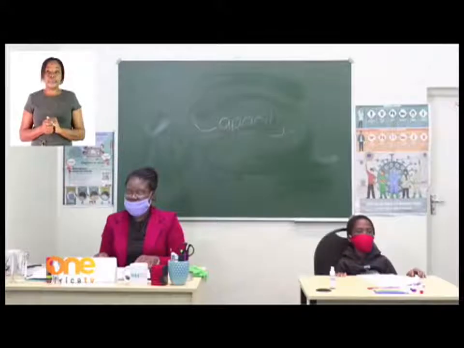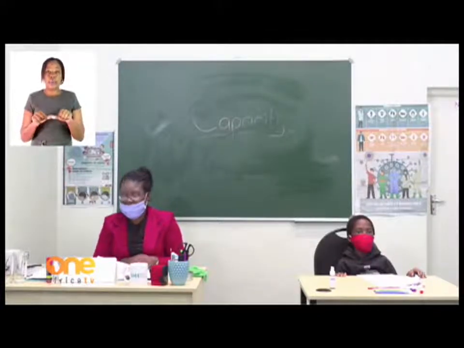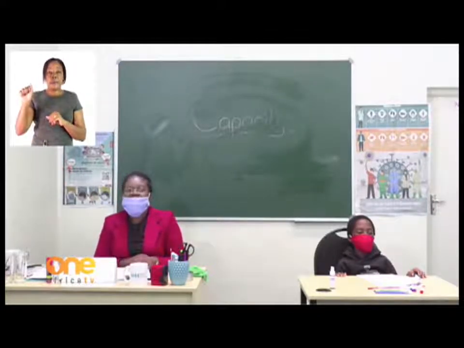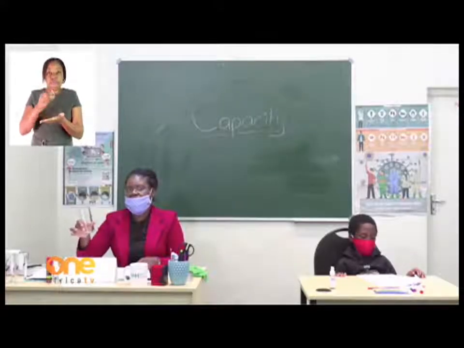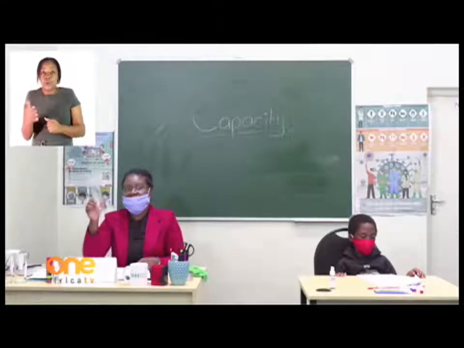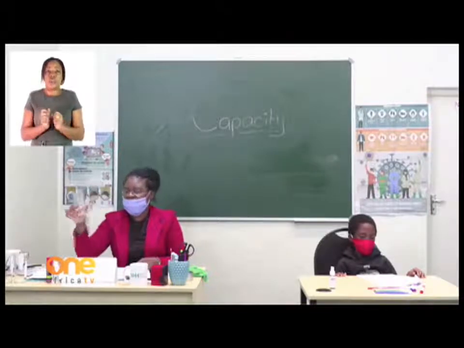We are going to learn about capacity on page 5. Now, what is capacity? Capacity is the amount of space that a container can hold. For example, the capacity of this glass is the amount of water or liquid that I pour in this glass.